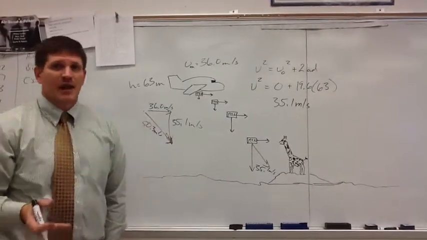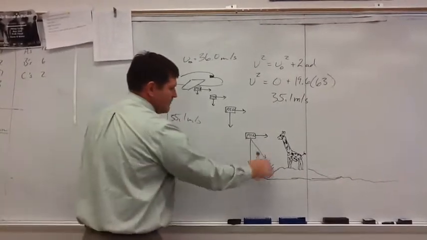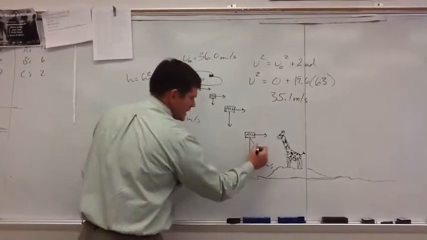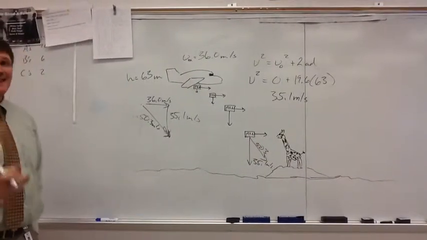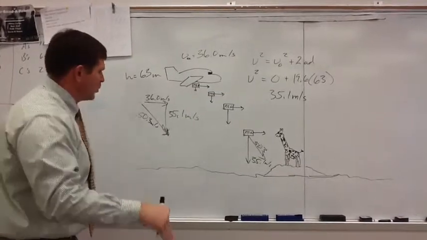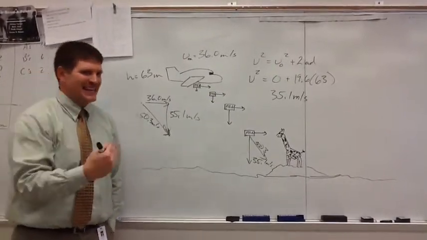We just get that through the Pythagorean theorem. Piece of cake. So we are going at 50.3 meters per second right here. Okay. Now, that is our velocity. That is how quickly it's coming in here. I don't want to know velocity. I want to know the momentum of that box hitting.